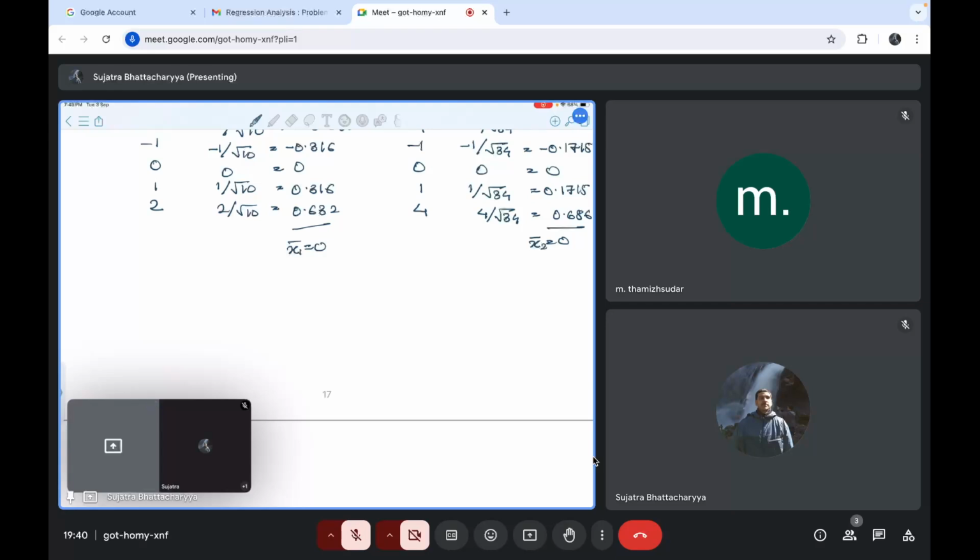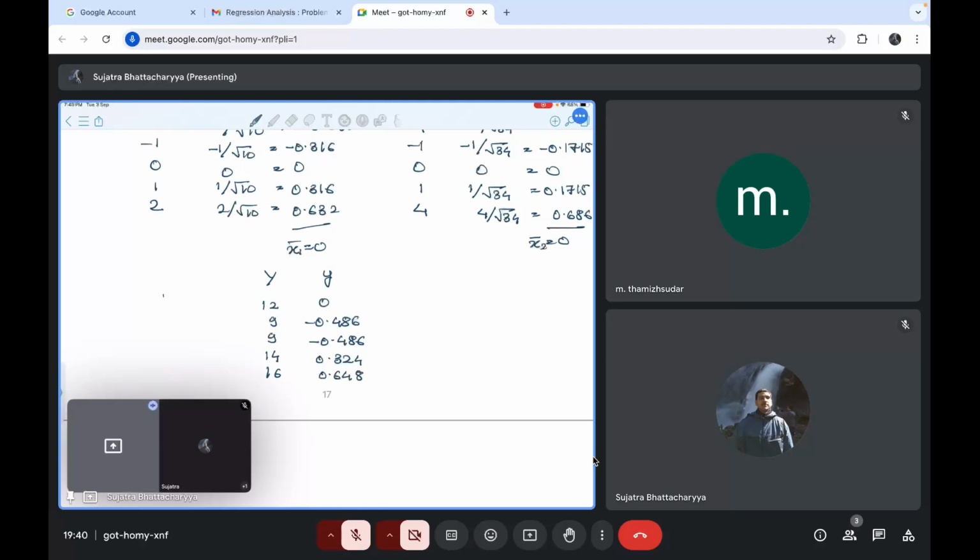Let's do y. This small y was 12, 9, 9, 14, 16. What happens here is that this comes out to be minus 0.486, minus 0.486, 0, 0.324, and 0.648.